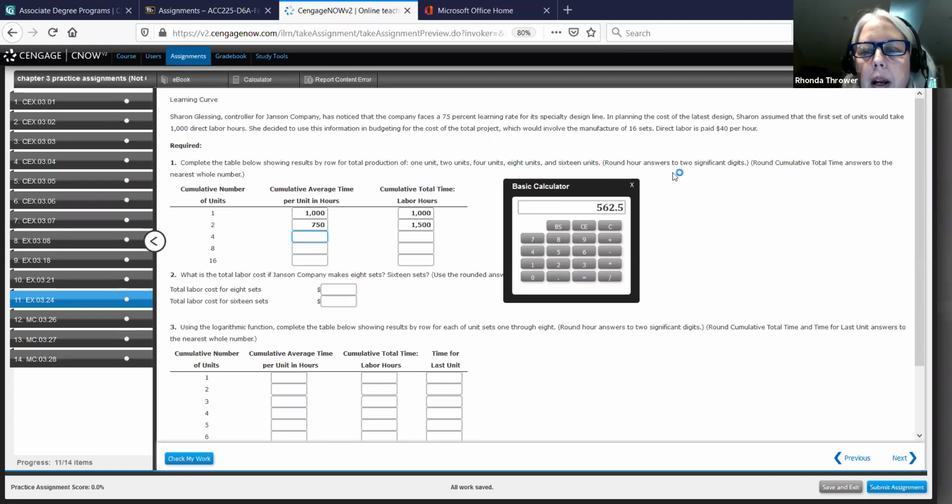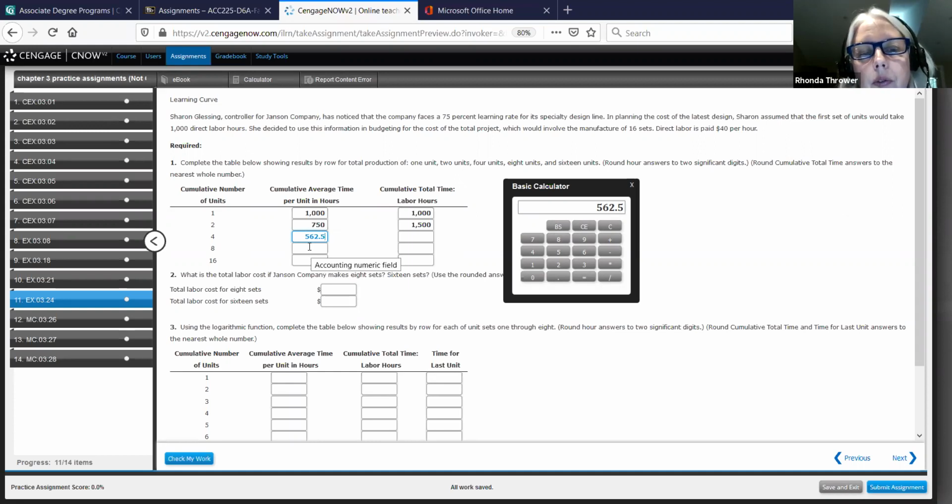Now it tells you to round your hour answers to 2 significant digits, and then round the cumulative total time answers to the nearest whole number. So what they're saying is we can round this column to 2 digits. So in other words, the 562.50, excuse me, it's not dollars, it's hours per unit that we're talking about here.